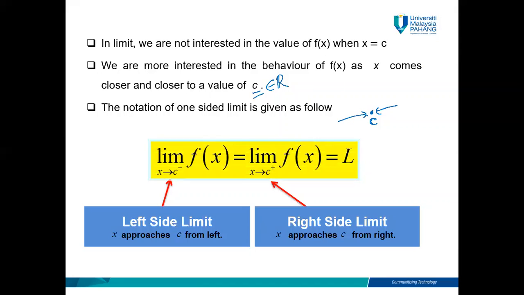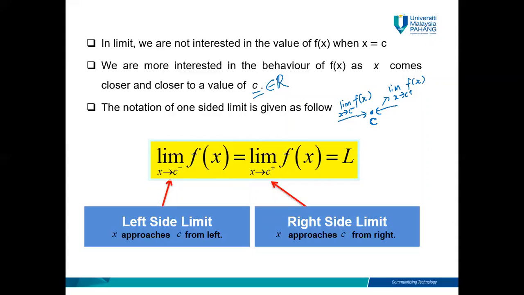This is the notation of a limit, which is the limit of f(x). f(x) is the function when x approaches c from the left. This one, limit of f(x) when x approaches c from the left. And this one is the limit of f(x) when x approaches c from the right.